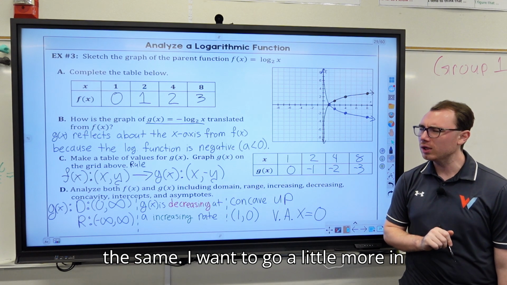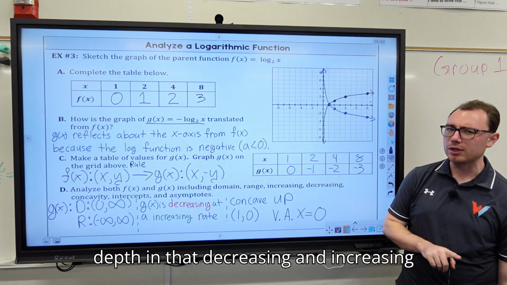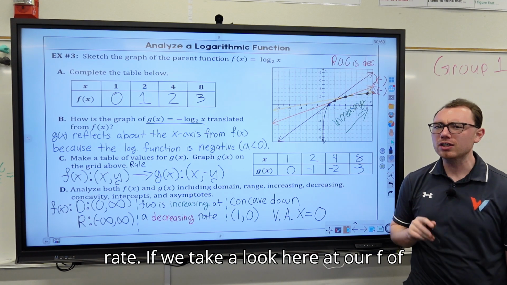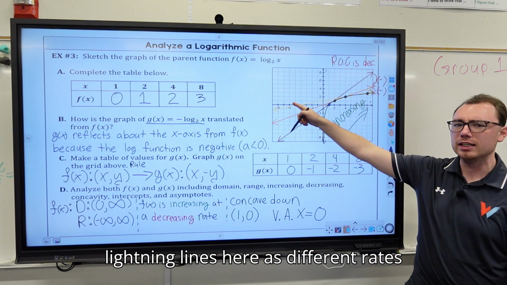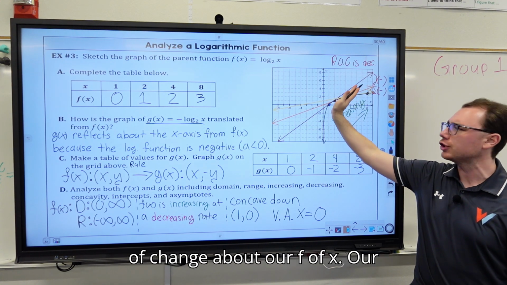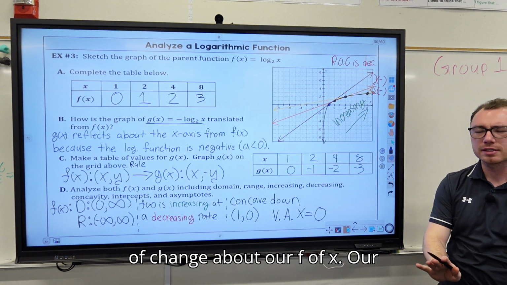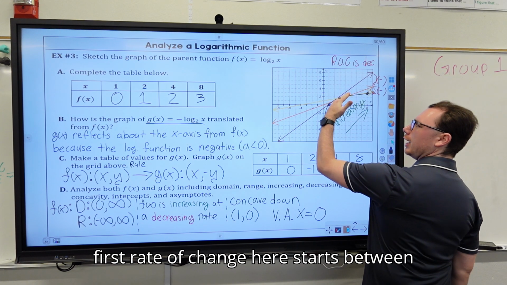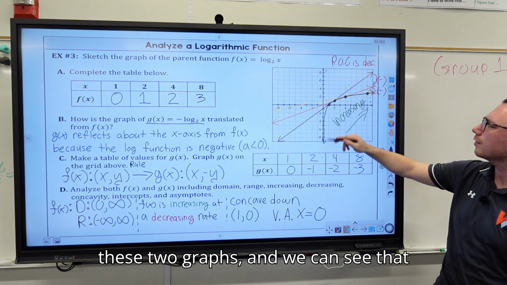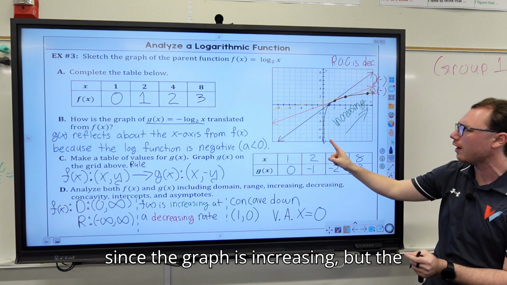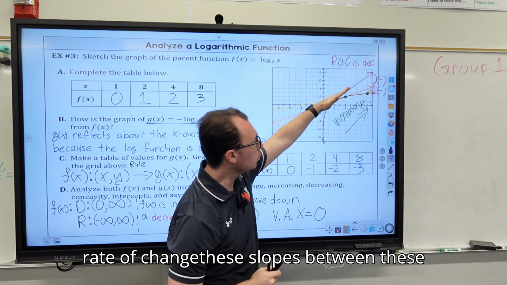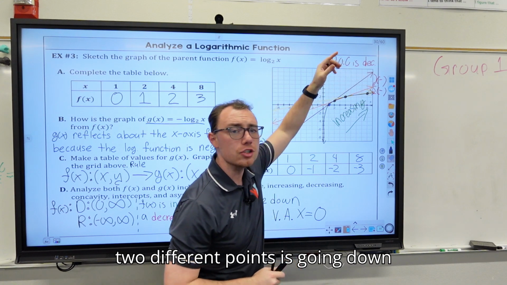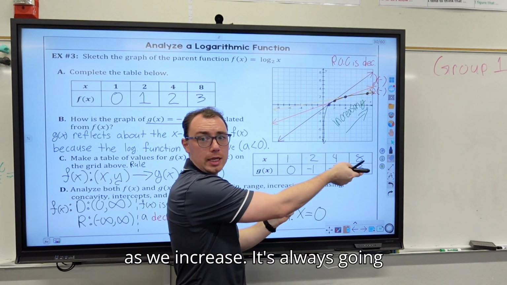I want to go a little more in depth on that decreasing and increasing rate. If we take a look here at our f of x function, I want you to imagine these lightning lines as different rates of change about our f of x. Our first rate of change starts between these two points, and we can see that the graph is increasing, but the rate of change, the slopes between these different points, is going down as we increase.